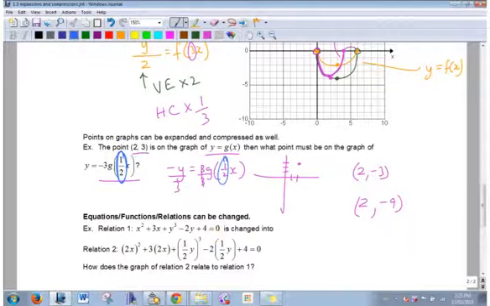On the x, that's a horizontal expansion by a factor of 2. Let's write that out. So if I horizontally expand that by a factor of 2, that becomes 4, negative 9, and that's it. All 3 transformations.